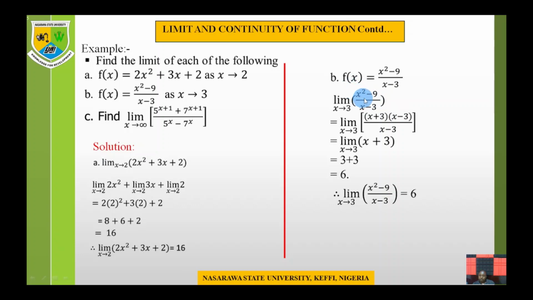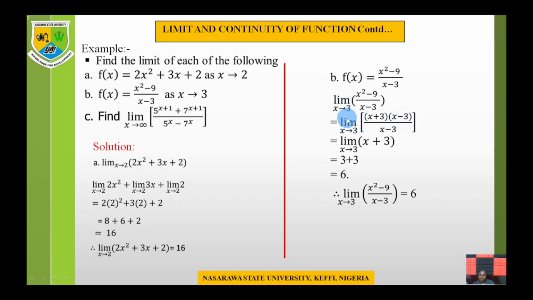So this particular function, if you make a direct substitution of x equals 3, you will discover that the numerator will give you 0 and the denominator will also give you 0. So for that reason, we are going to factorize the numerator and then see how we can reduce the function before making our substitution.